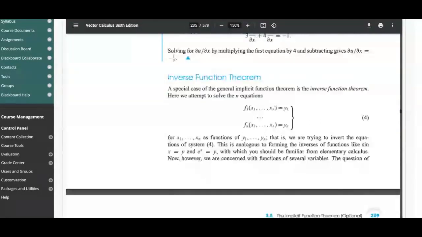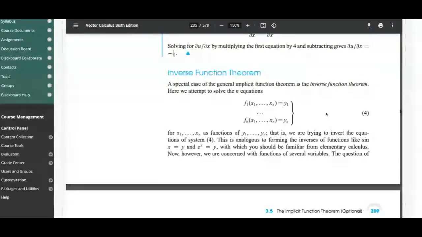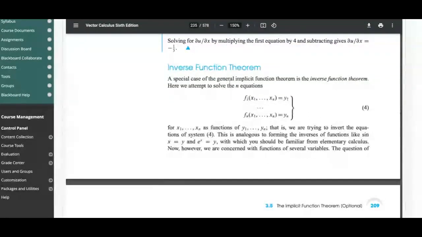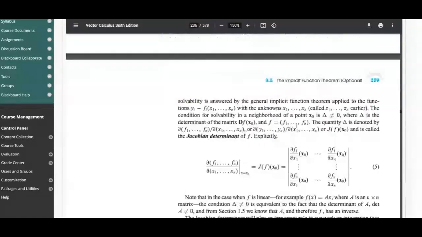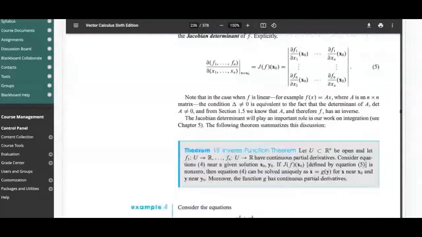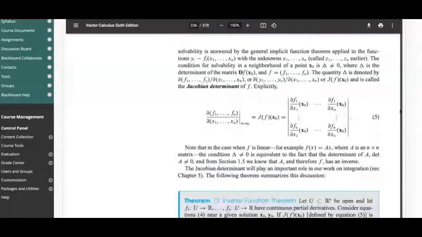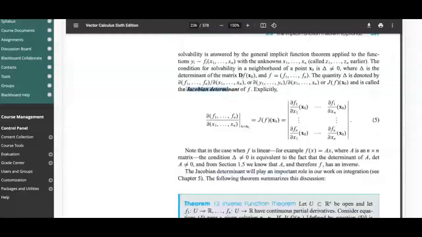So the inverse function theorem. A special case of this general one is the inverse function theorem, right? Jacobian determinant. Okay, this turns out to be important when we go to chapter 6 or chapter 5.